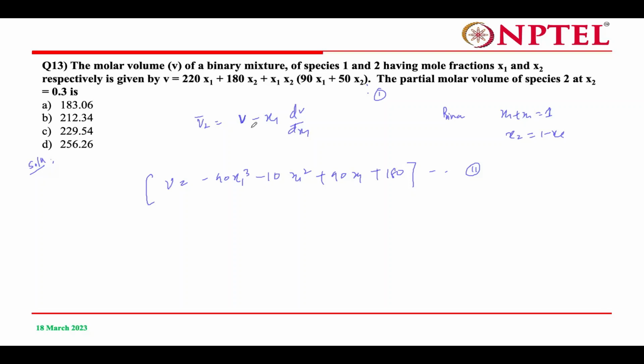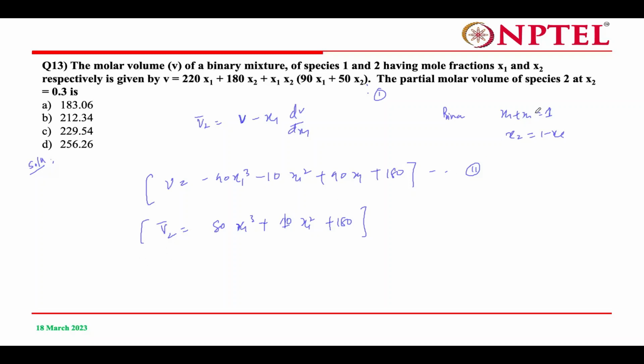And now put the value of V and the derivative here, and you will get V2 bar equal to 40 X1 cube plus 10 X1 square plus 180, right? V2.